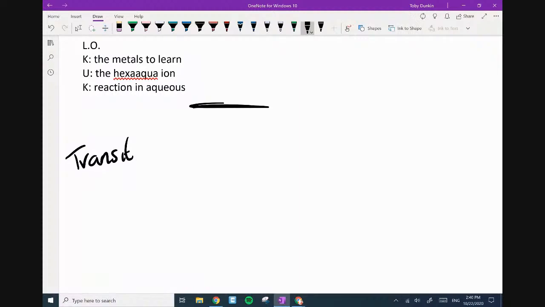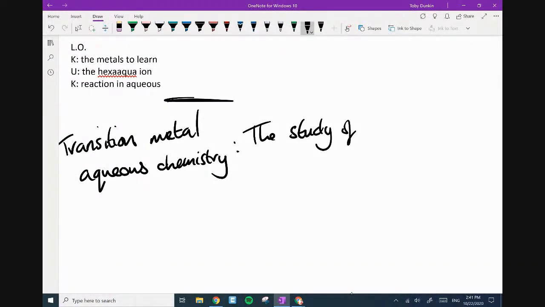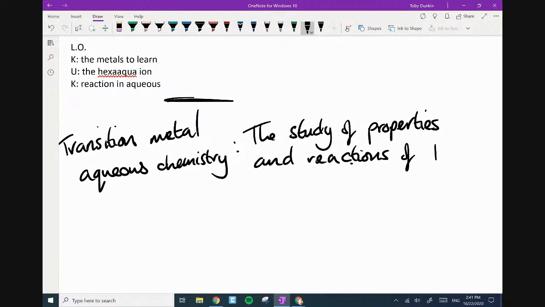Transition metal aqueous chemistry: the study of properties and reactions of transition metal compounds in water. That's the one.